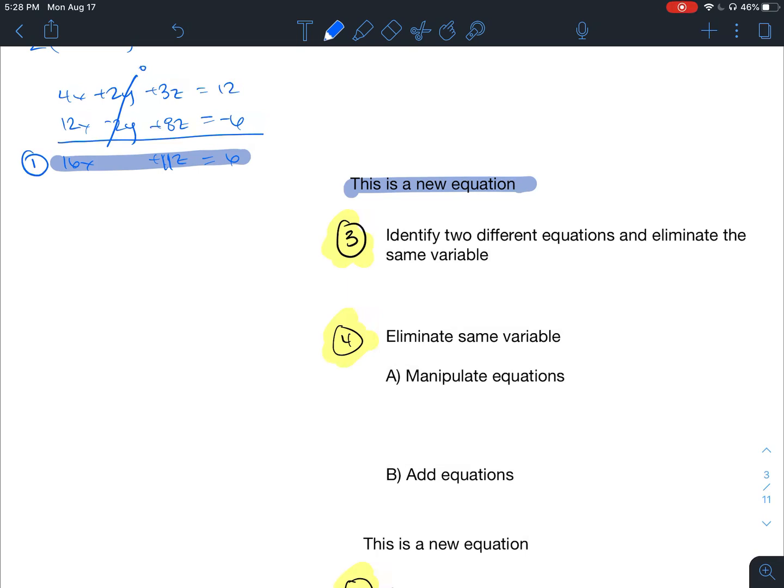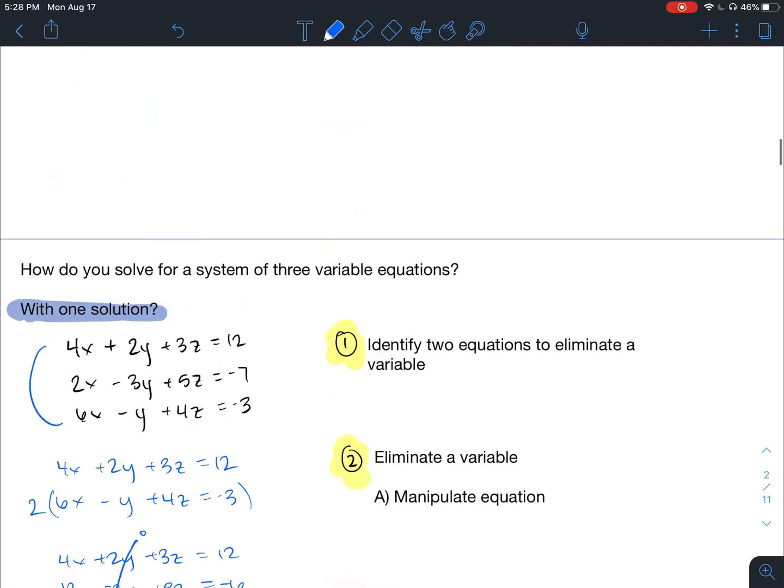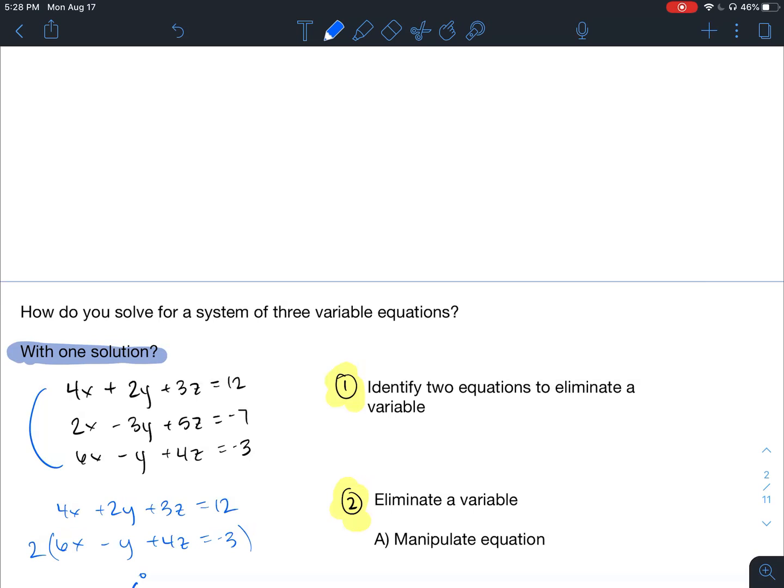Now we are going to identify two different equations and eliminate the same variable. We're going to go back up to here. Now it's okay if you use one of the same equations, but you can't use the same two. So I'm going to stick with this one because I like that the y doesn't have a constant next to it.